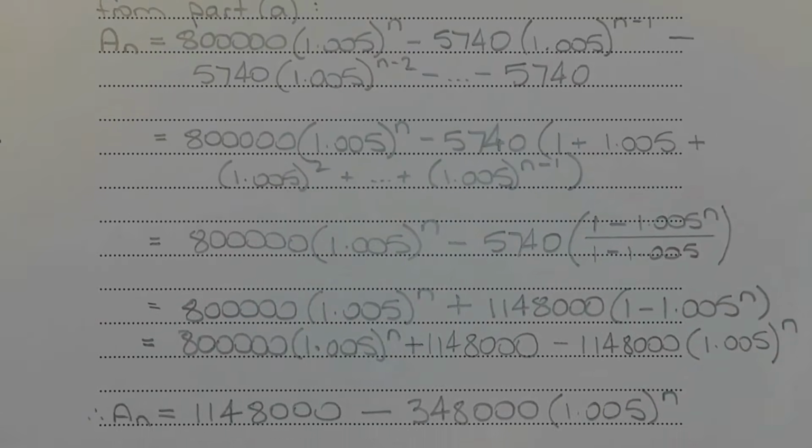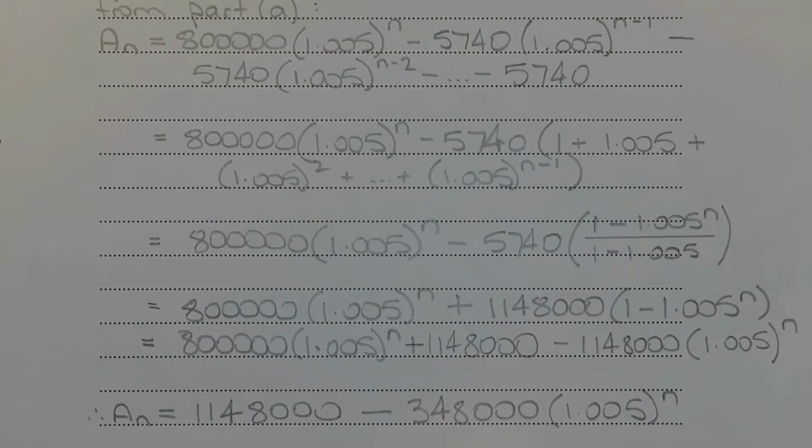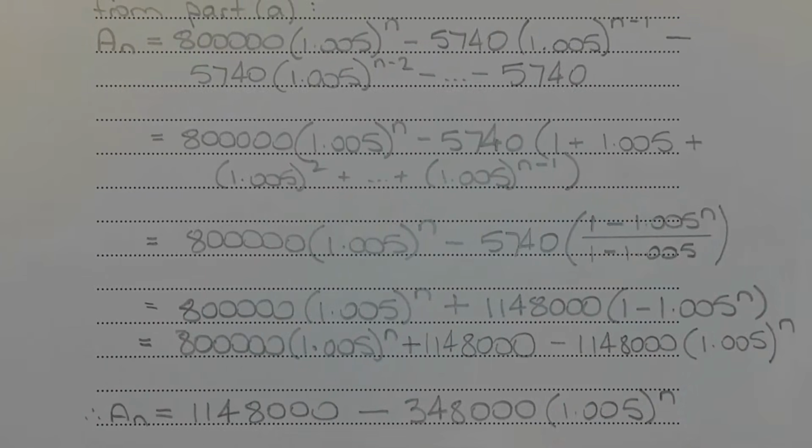expression for AN. So we can divide negative 5,740 by 1 minus 1.005, and we get positive 1,148,000. So AN is equal to 800,000 times 1.005 to the power of n plus 1,148,000 times, open bracket, 1 minus 1.005 to the power of n, close bracket.